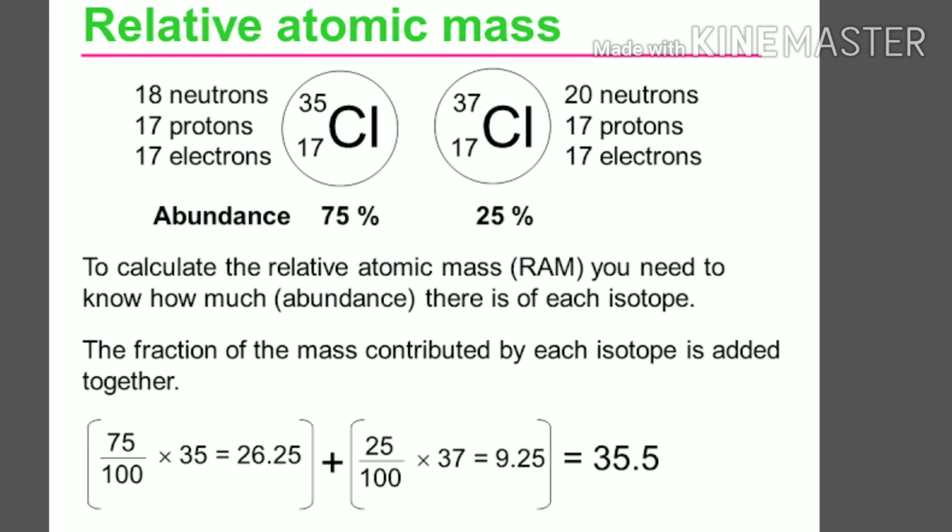So here, 75/100 into 35 plus 25/100 into 37, and you get 35.5. This is the average relative atomic mass of chlorine. If you are asked what is the relative atomic mass of chlorine, you say 35.5.